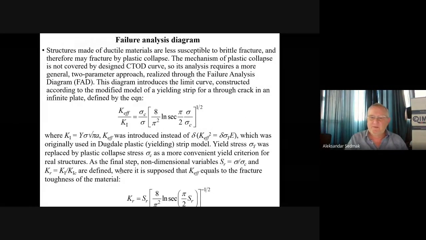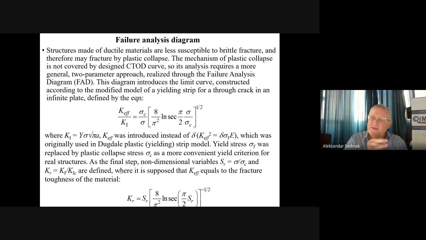So what is it about? I guess you all know the failure analysis diagram. That is maybe the most useful engineering tool that we have at our hands once we try to assess the structural integrity of a component. It takes into account in a relatively simple way both brittle fracture, potential brittle fracture, and plastic collapse, fracture caused by plastic collapse.